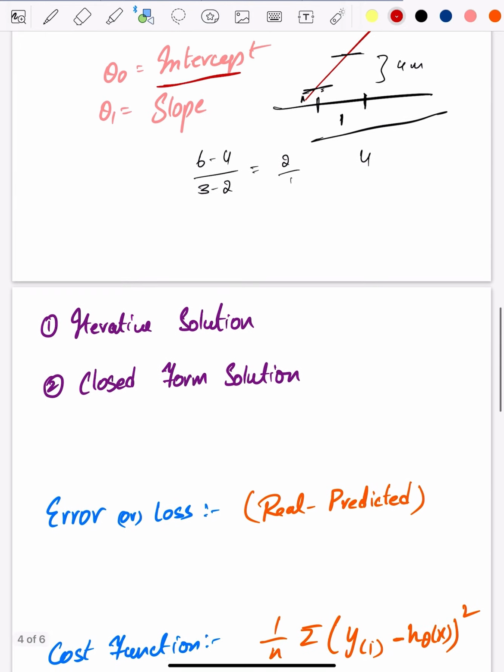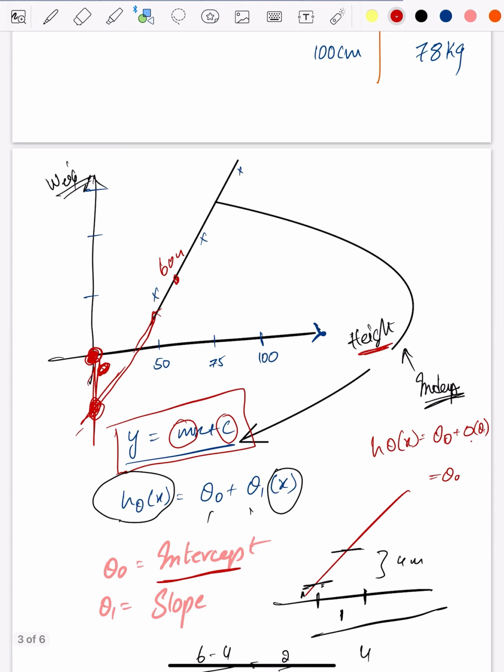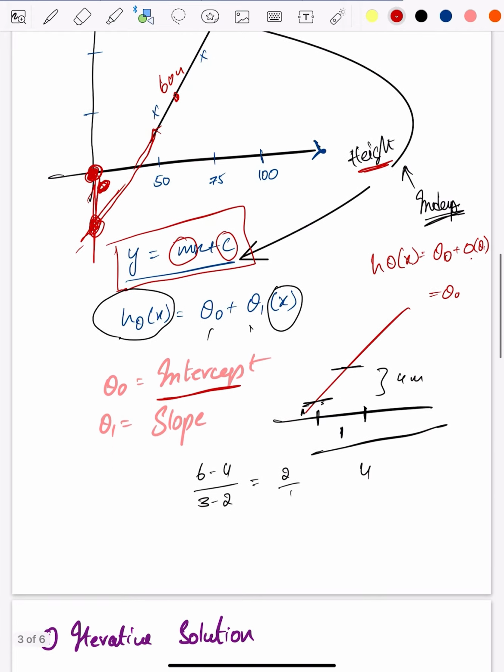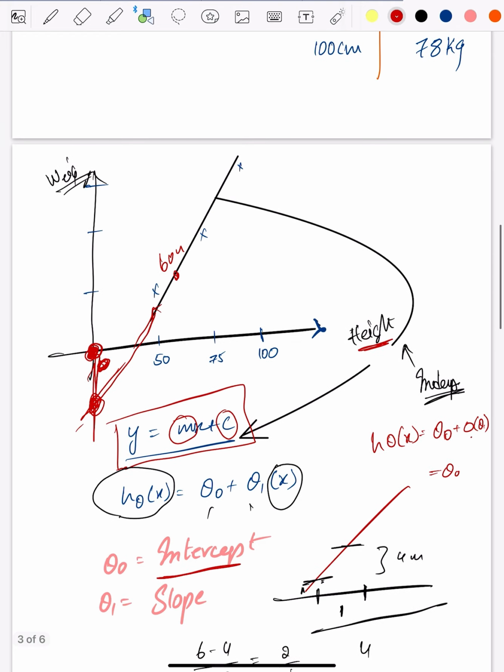So the other one would be the loss. There should always be a metric, right? To see how well our model is gonna predict. Error or loss is nothing but, if you give the input of height 50 centimeters, I'll show you here.